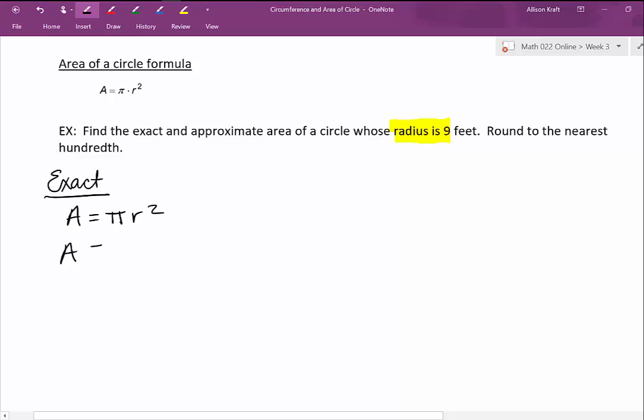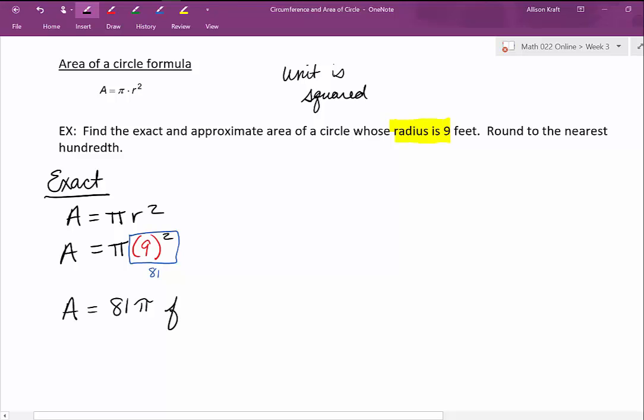I'm replacing the r with 9. We do want to do some cleanup here. I want to square the 9 and get 81. So our exact area is 81 pi, and don't forget your unit. And since we're talking about area, we know that the unit is squared. Our area is 81 pi square feet.